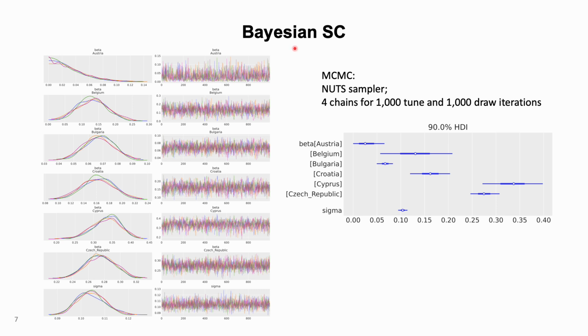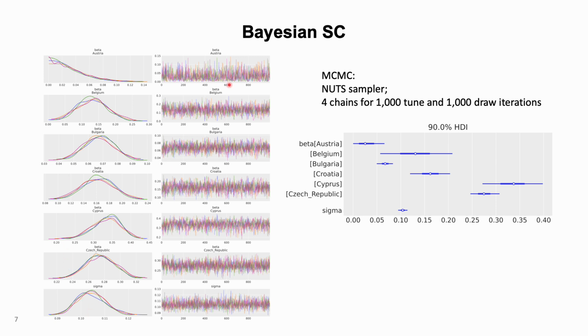In Bayesian synthetic control modeling, we used MCMC with the NUTS sampler and 4 chains for 1000 tuning and 1000 draw iterations. The trace plots are shown on the left, where we can see the distribution of each parameter, including the beta coefficients for all 7 regions and the sigma parameter.